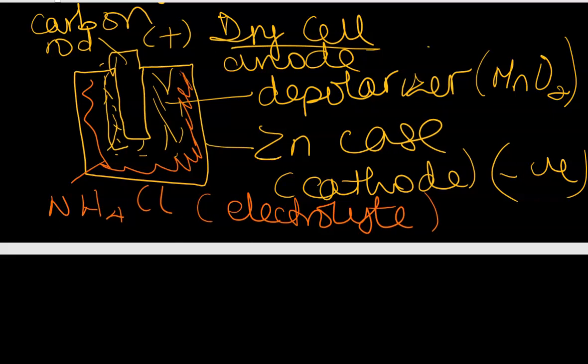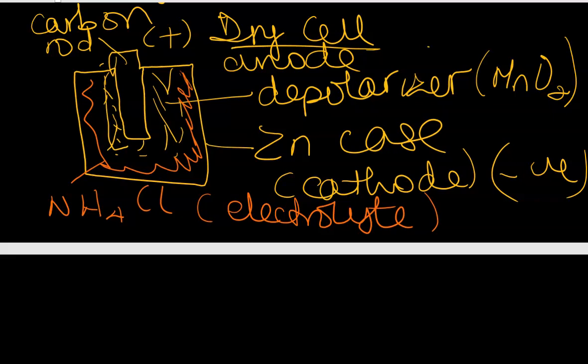Your electrolyte will have both positive and negative ions. If it is ammonium chloride, then the chloride ions become attracted to the carbon rod. So the positive and negative ions in your electrolyte are broken up. The chloride is attracted to the carbon rod and your ammonium is attracted to the zinc casing.